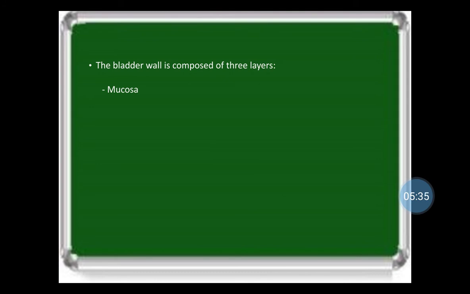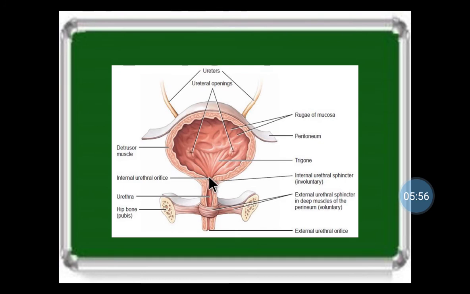First is the mucosa, second muscularis, and the third is the adventitia. The function of these layers is the same as we discussed for the ureter. Only the muscularis forms the internal sphincter of the urethra. Here, this is the internal urethral sphincter which is formed by the muscularis.